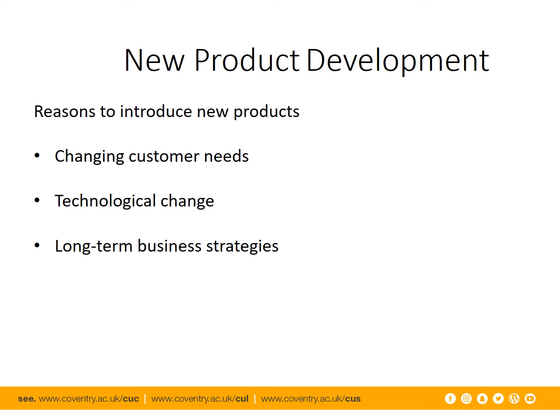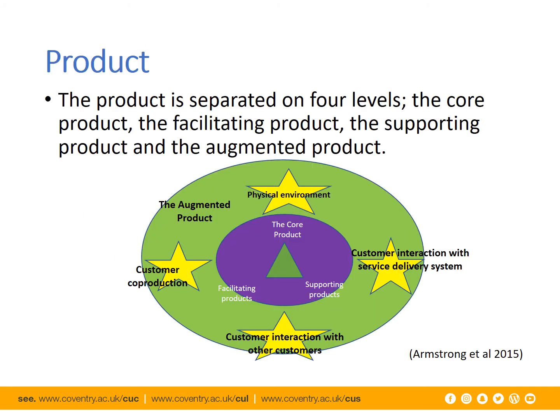You need new products because we go through the product life cycle in terms of introduction, growth, maturity, and decline. So again, you need new products all the time to meet changing needs, to meet customers' needs, to meet existing needs, and to meet latent needs. When we look at the product, it's separated into 4 levels: the core product, the facilitating product, the supporting product, and the augmented product.